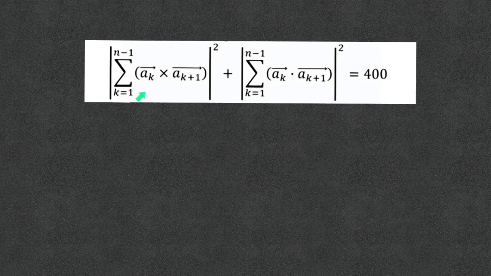Now it is given that this expression is equal to 400. This part here represents the cross product of Ak vector cross Ak plus 1 vector, and here it is sigma.